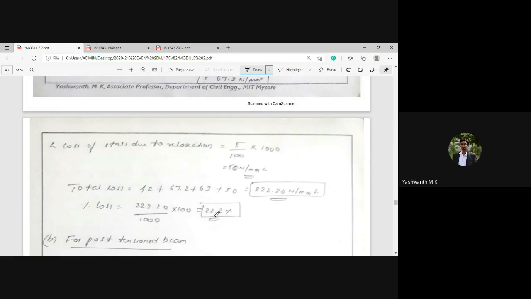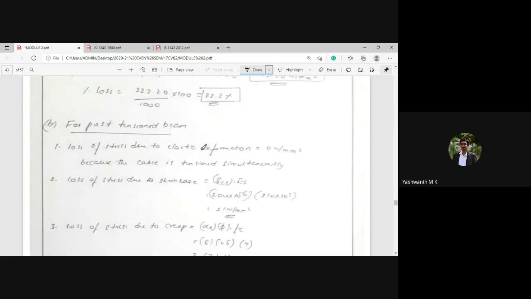That means the total pre-stressing force applied is 100%, the losses encountered are 22.2%, and the net pre-stressing force available is 100 minus 22.2.